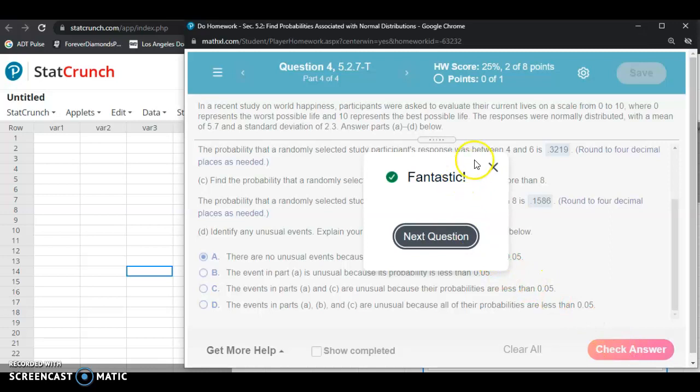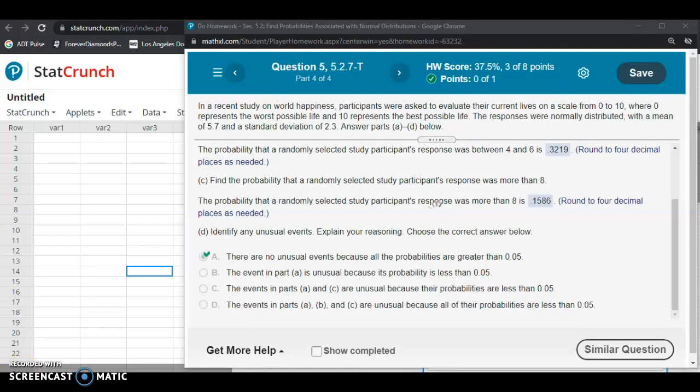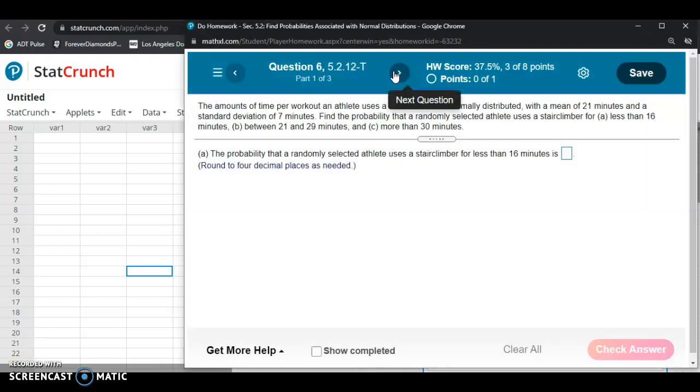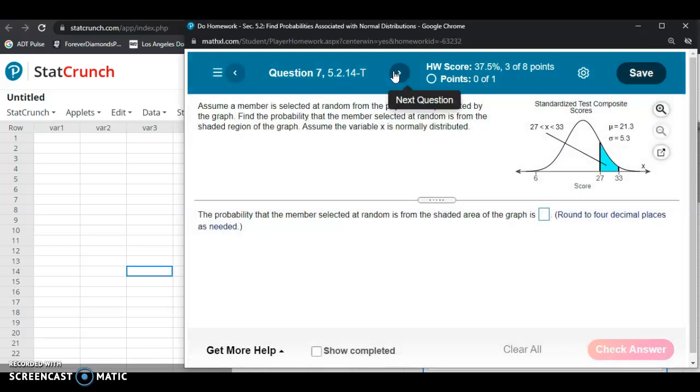And that completes question 4 in the homework. So questions 5, 6, and 7 are very similar, except in number 7 you're given a diagram of the normal distribution, and you're told that the mean is 21.3 and the standard deviation is 5.3, and you're finding the probability between these two values.